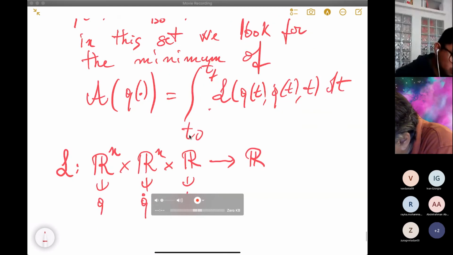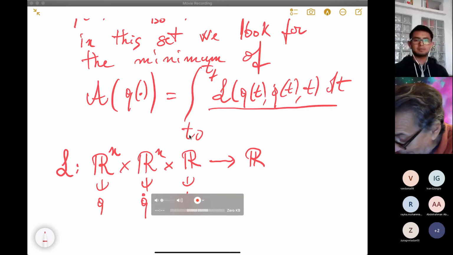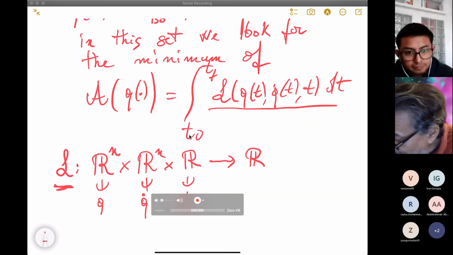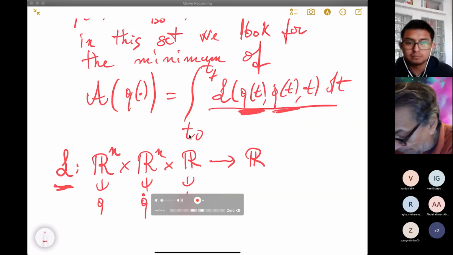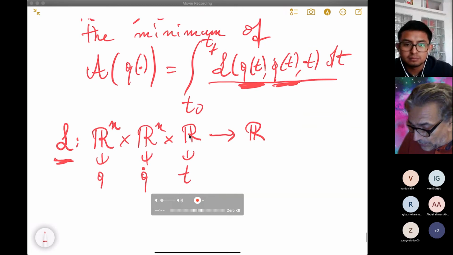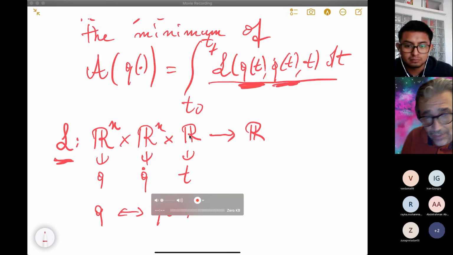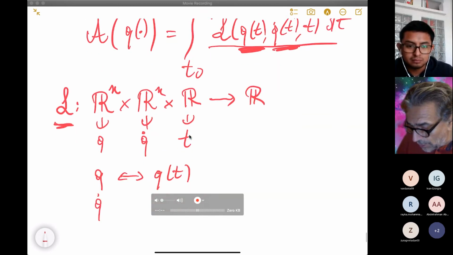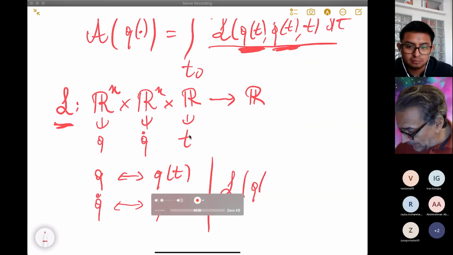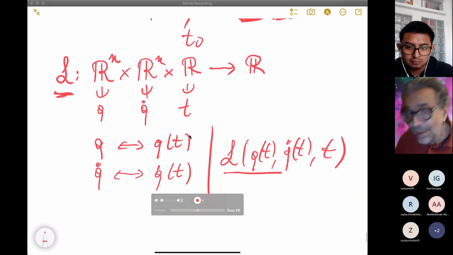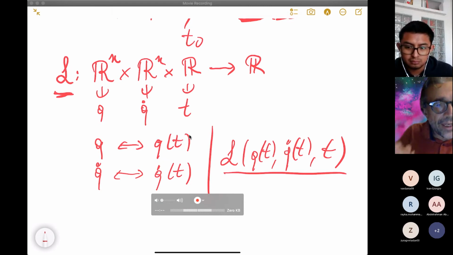Now here, what you are doing in this formula, you are composing this L with the function q of t and q dot of t. In place of q, you replace the current value at instant t. In place of q dot, you replace the velocity q dot of t. And then you calculate L of q of t, q dot of t, and t. And this is what? This is a real valued function of one real variable, time.